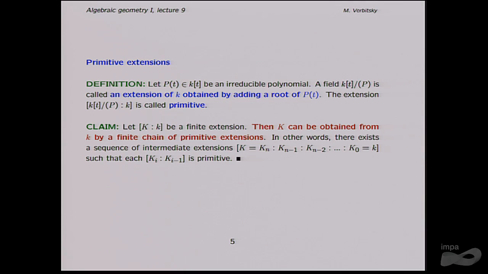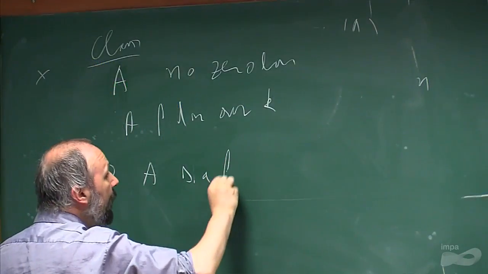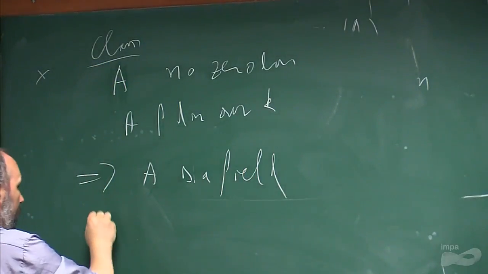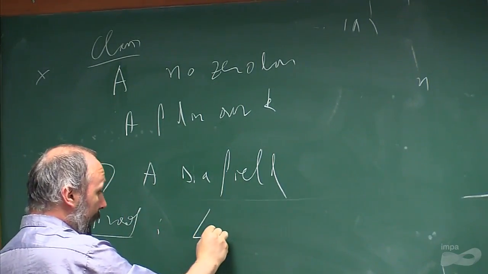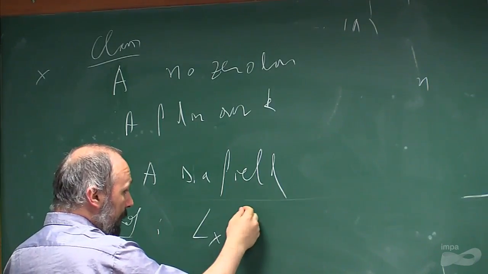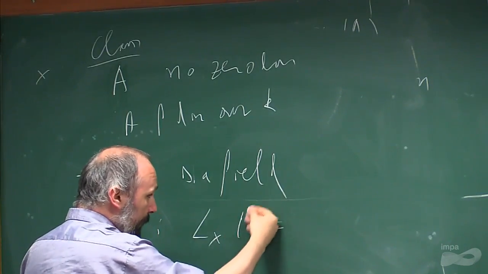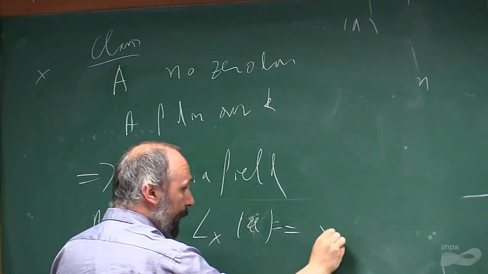So if you have K, some algebra A with no zero divisors, so it's a claim, we had it, and A is finite dimensional over K, then A is a field. Proof. Okay, we have an operation of multiplication Lx on A, just multiplication, so Lx of a is equal to xa.